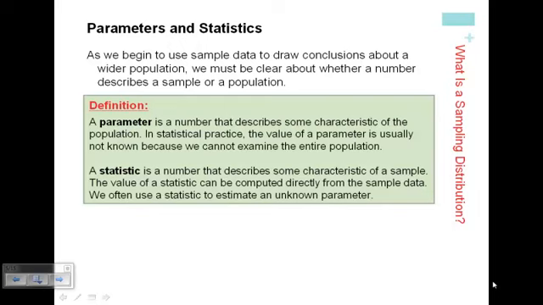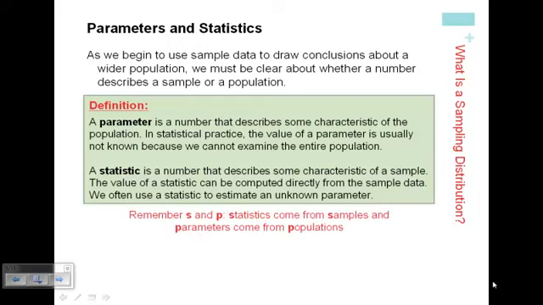Now, how are you going to keep the parameter versus the statistic straight? Remember S and P: S for sample and statistic, P for population and parameter. So the S's go together and the P's go together.